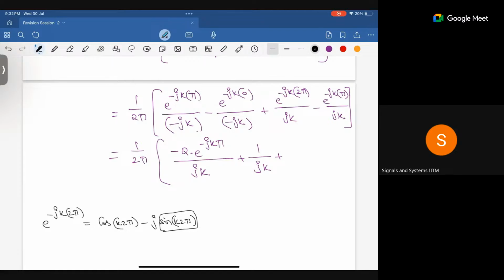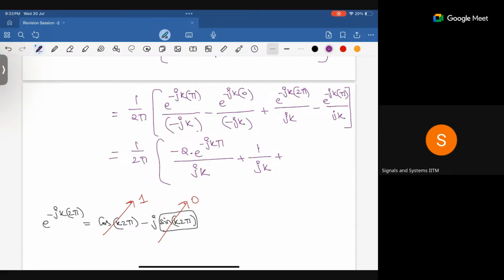What is sin 20 pi? 0. Okay, go back and see this. So this will be 0. This will be 1. So e power minus jk 2 pi is actually 1. Okay. So this will also be 1 by jk.